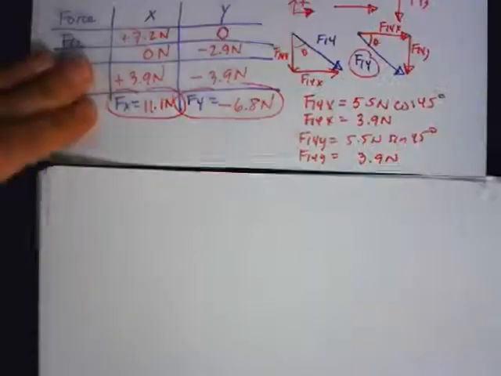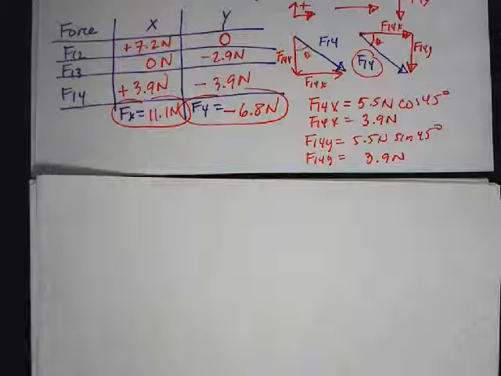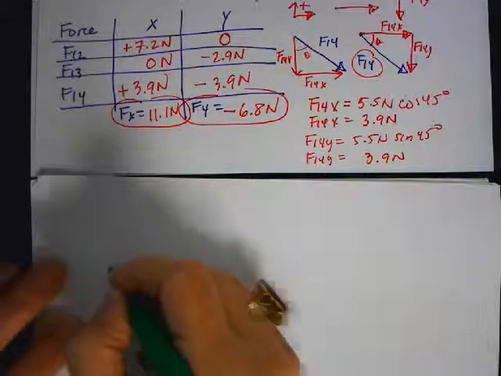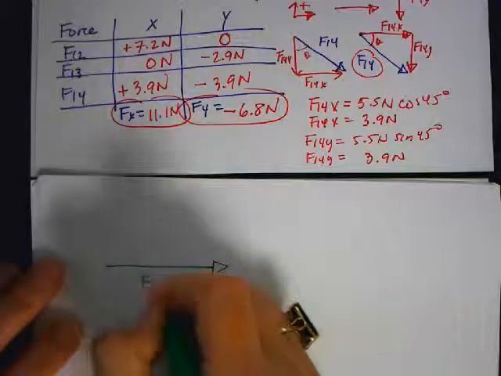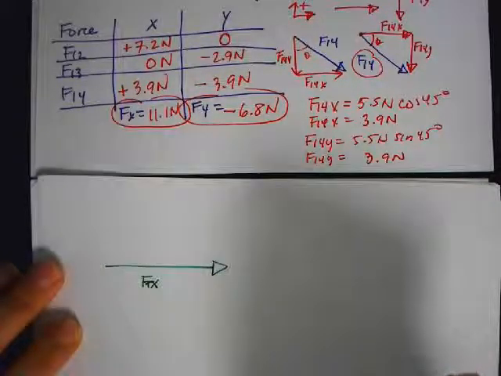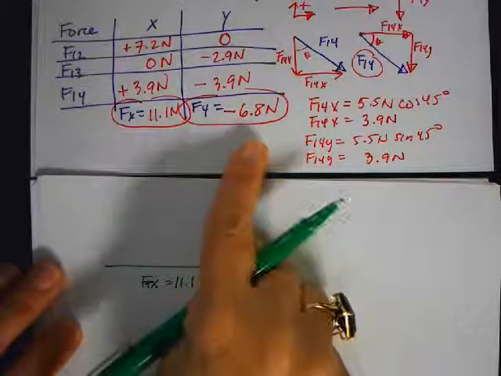So what we do now is, here's my two Fx. So Fx is 11.1 newtons, so I'm going to draw it like this. This is Fx. Or you can call it Ftx if you want for total. And this is 11.1. Now Fy is 6.8.